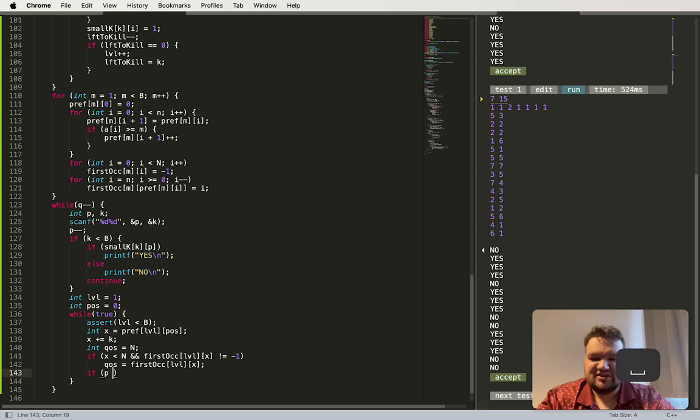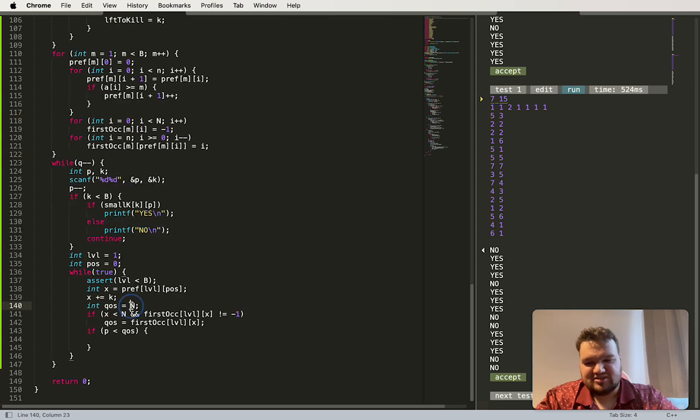Also, let's make it big N or something. Now, if P is smaller than, so this is basically infinity, and we have found where will be the next position where we will level up. If it is big N, it means that we will never level up. So now we want to check if it is true that the position that we are interested in, position P, will happen before the next level up.